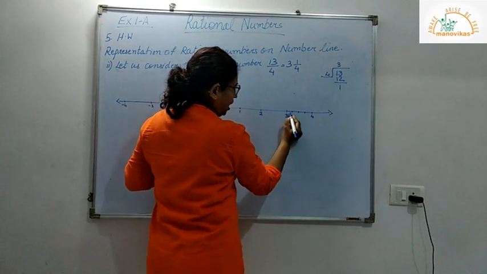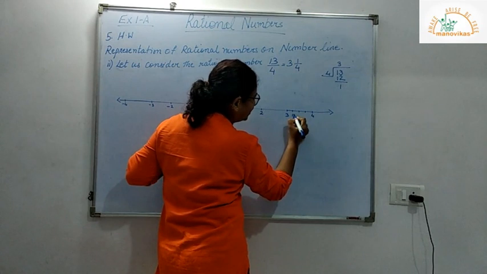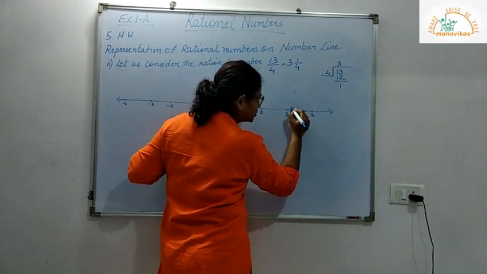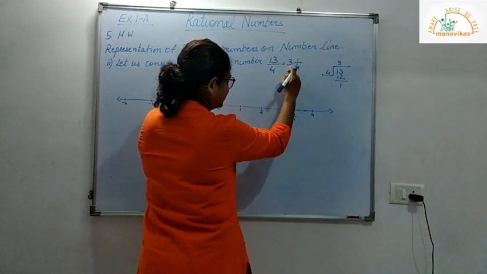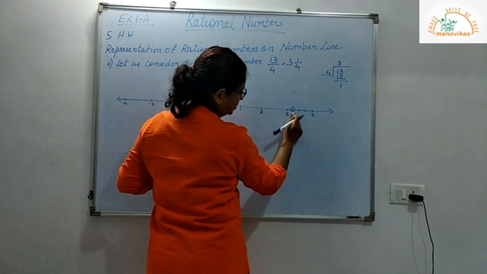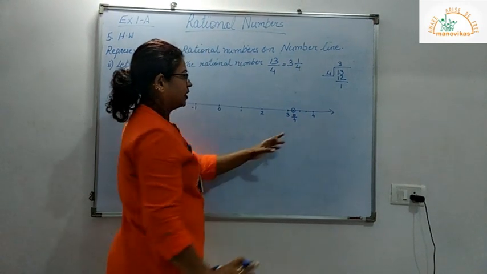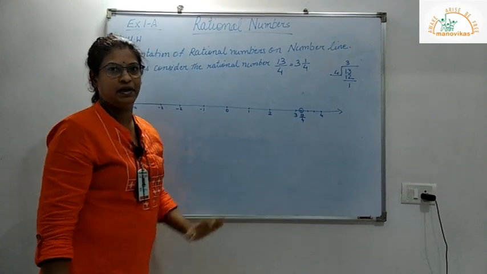So my 3 1/4 will be here. We write it as 13 divided by 4. So it is this point. We have 3 unit lengths, that is 3, and 1/4, that is 1/4. So this is 13 divided by 4. My rational number comes here on the positive side of the number line.